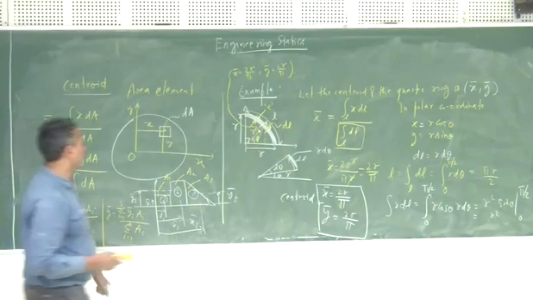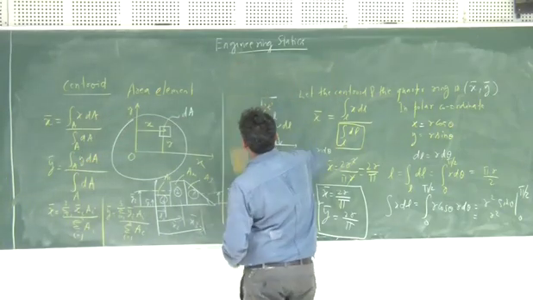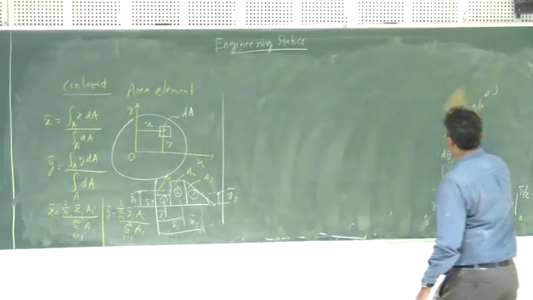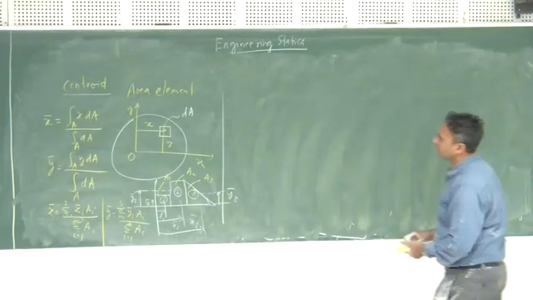How do you write when you have to find out the centroid of some two-dimensional shape?